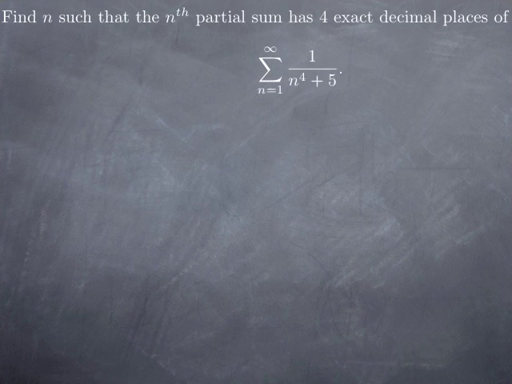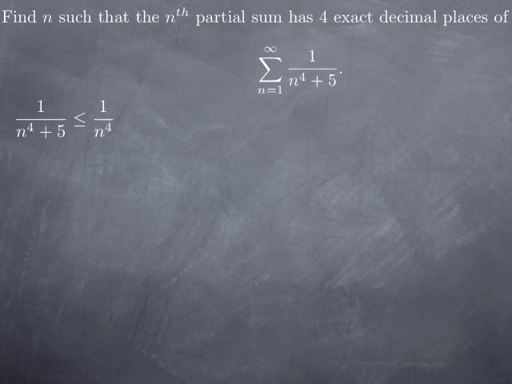So for instance, if we want to find n such that the nth partial sum has 4 exact decimal places, when we estimate the sum of the infinite series from 1 to infinity of 1 over n to the 4th plus 5, we can proceed by comparison. Let's first look at what argument we use to justify that this is a convergent series.